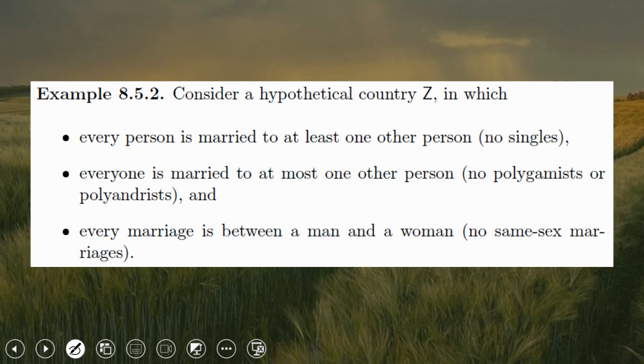It says, consider a hypothetical country Z in which every person is married to at least one other person. There are no singles. Everyone is married to at most one other person, so no polygamous or polyandrous marriages. Every marriage is between a man and a woman, so there are no same-sex marriages in hypothetical country Z. Again, just for the sake of this example.